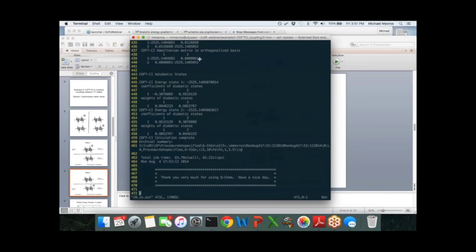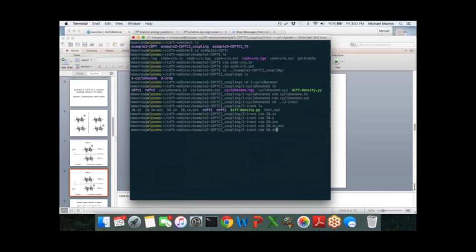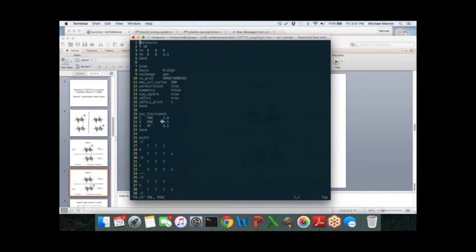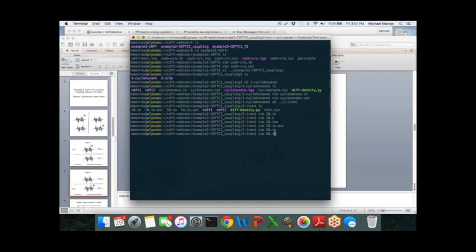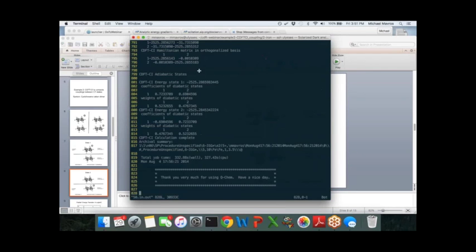So it's 0.0000006 Hartree. If we repeat this exact same calculation using 50% Hartree-Fock exchange, we get a significantly larger coupling. So this is 3 or 4 orders of magnitude larger, so 0.001 Hartree.